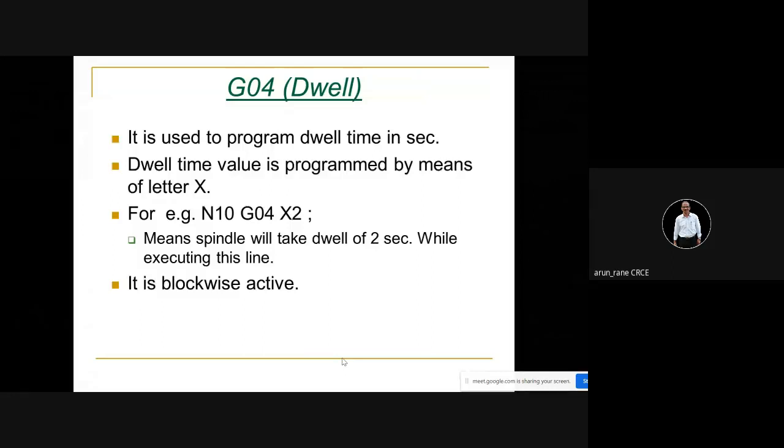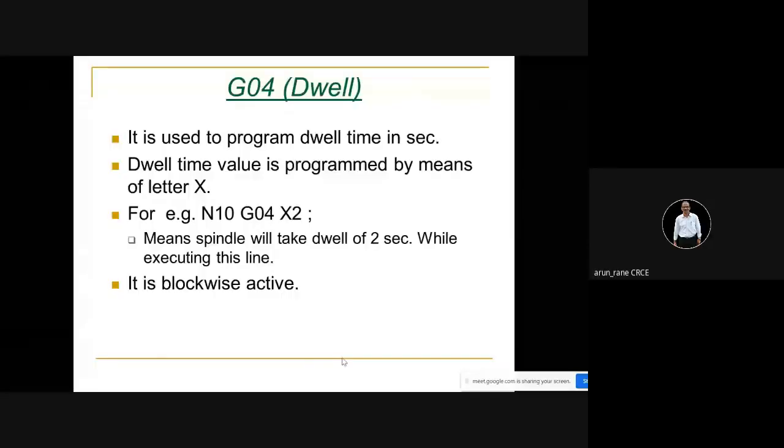So that means the reamer will be lifted up by 5. Nobody is going to give G04 X2 again. If you want to give G04 X2, then in the previous block itself you will give G04 X4, isn't it? So obviously G04 is a blockwise or non-modal code.